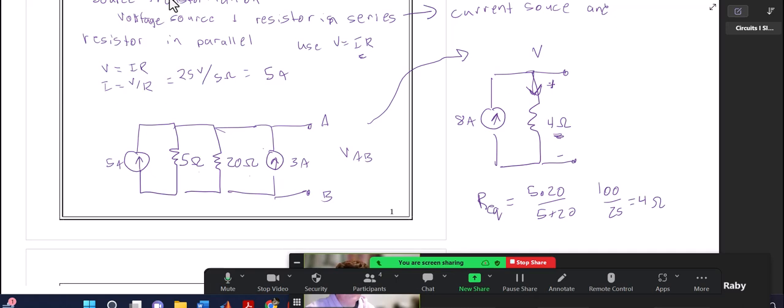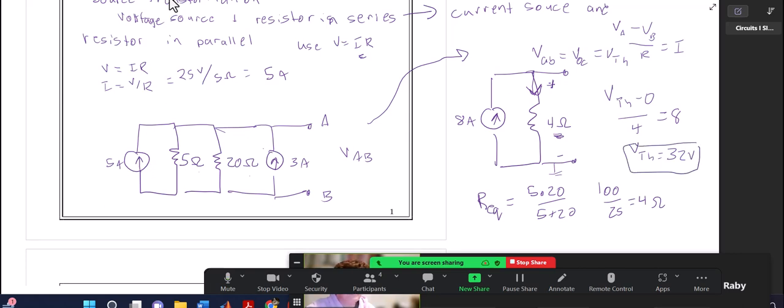So if I call this VAB, which is also V open circuit, which is also V Thevenin, and I call this ground, then I can say V Thevenin minus 0 over 4 equals 8. That's just the voltage on the side you start minus the voltage on the other side over the resistance equals the current in that direction. That's Ohm's law, or V Thevenin equals 32 volts.